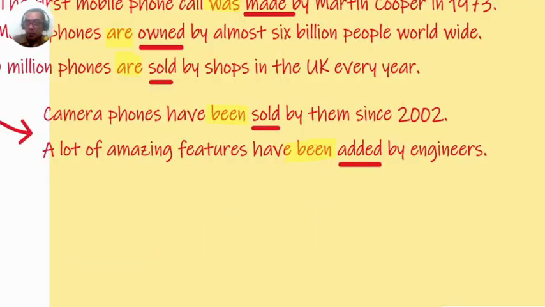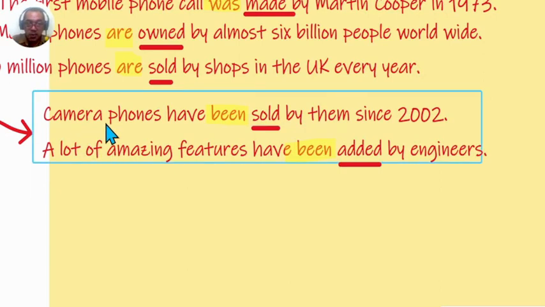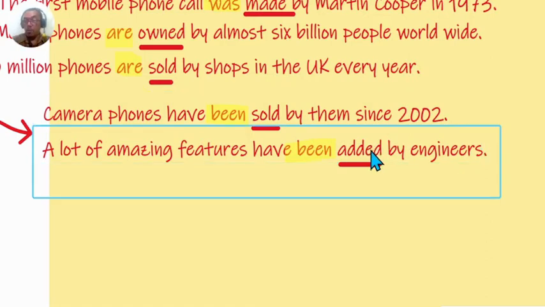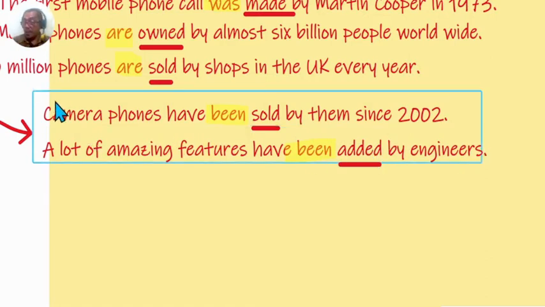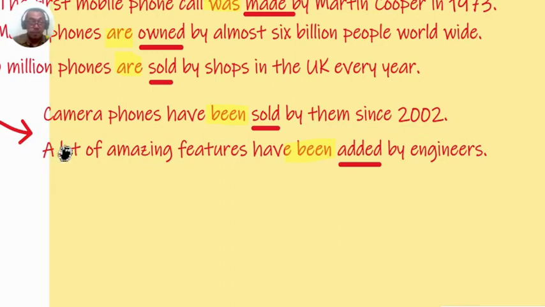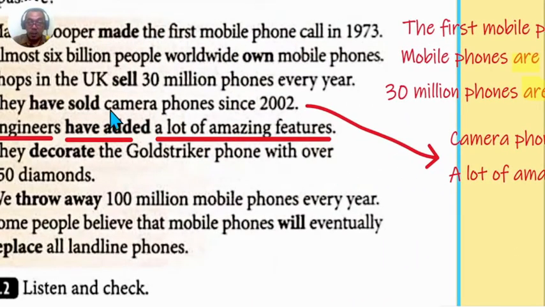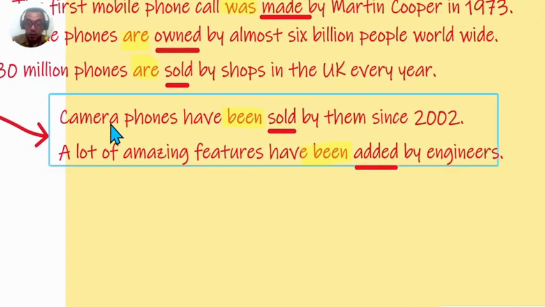Let's take a look there. The sentence is back. Camera phones have been sold by them since 2002. Because the object of the active sentence, which is actually moved to the subject position in the passive voice, the camera phones, is more important here.